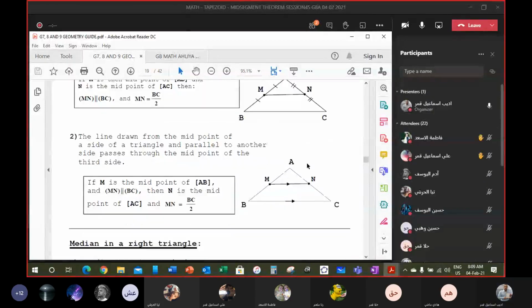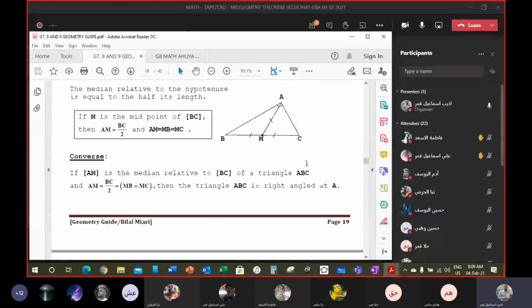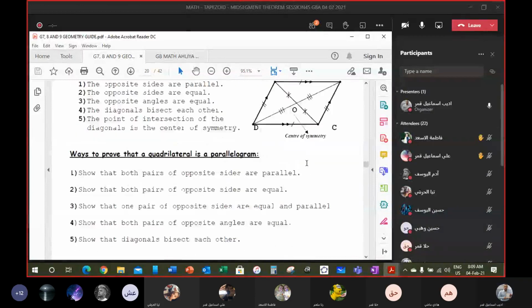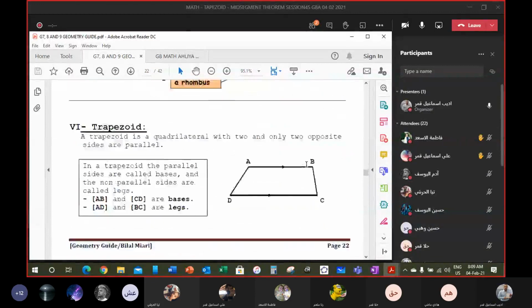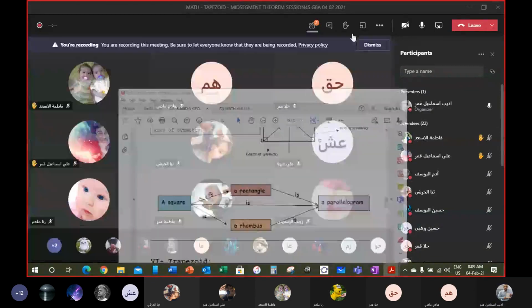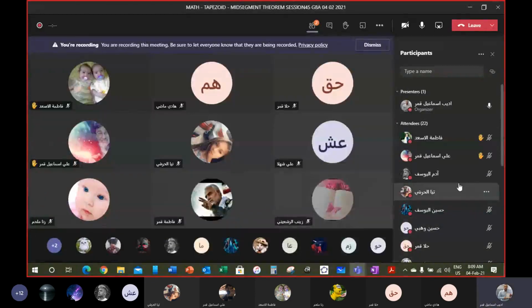Now we go to the trapezoid. Adam, how do we know if a quadrilateral is a trapezoid?